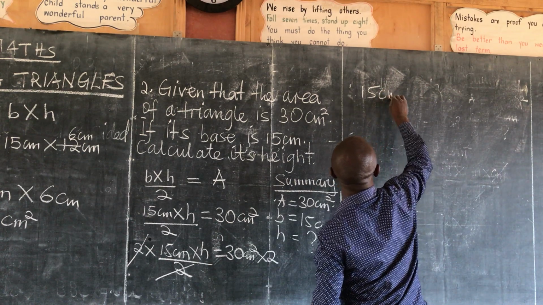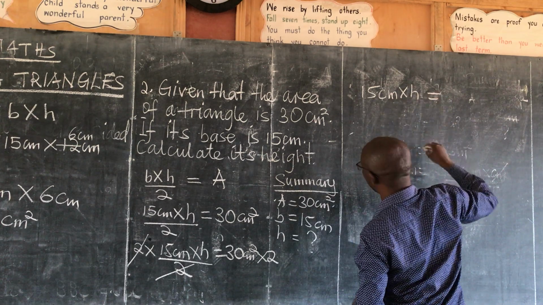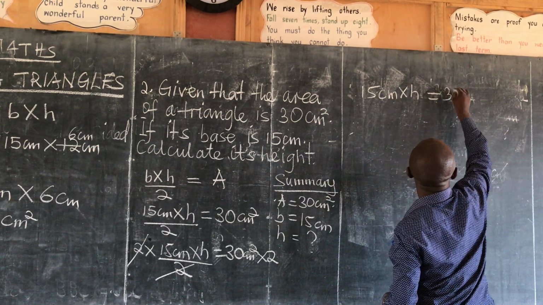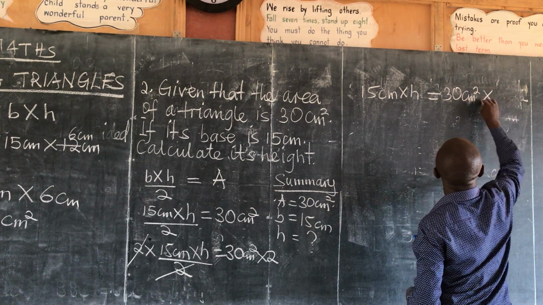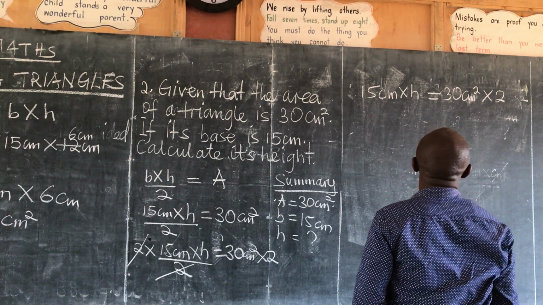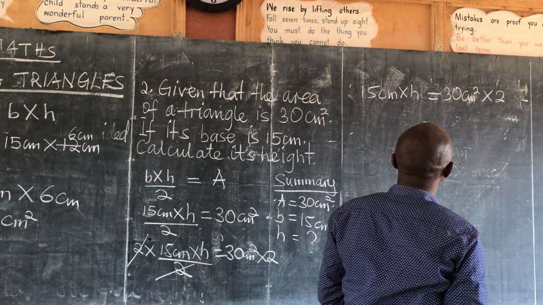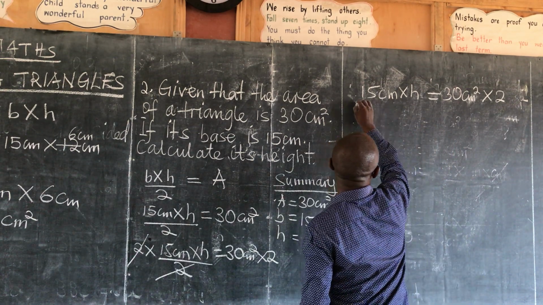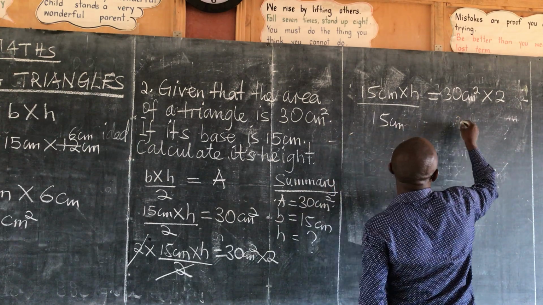15 centimeters times h is equal to 30 centimeters squared times 2. So now we want to eliminate 15 and the units. So we are going to divide both sides by 15 centimeters.